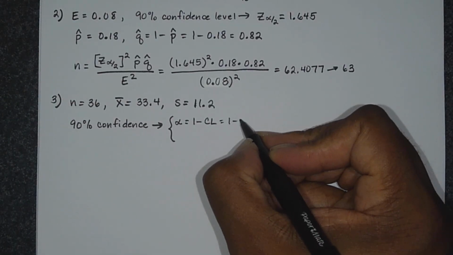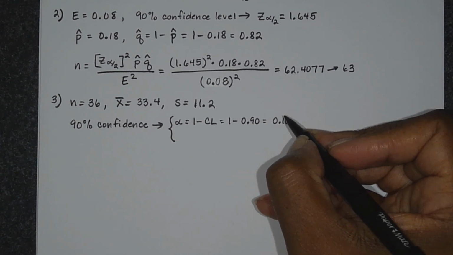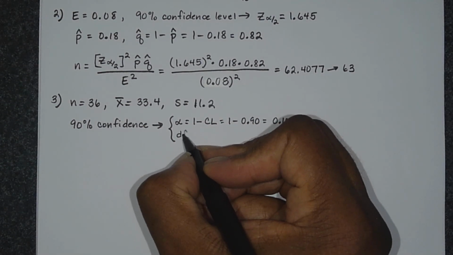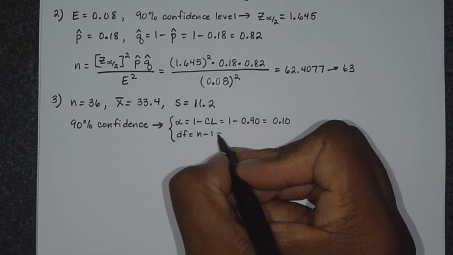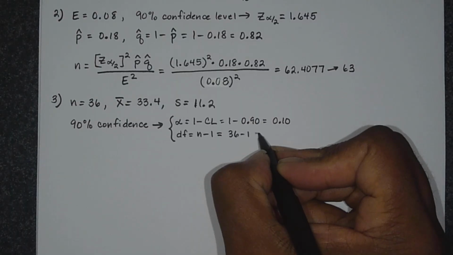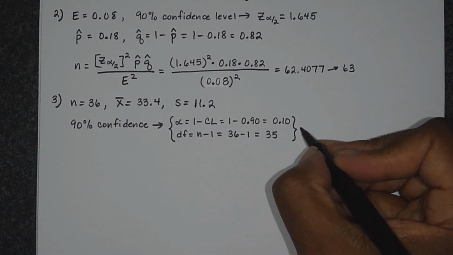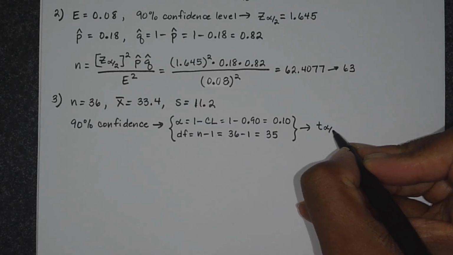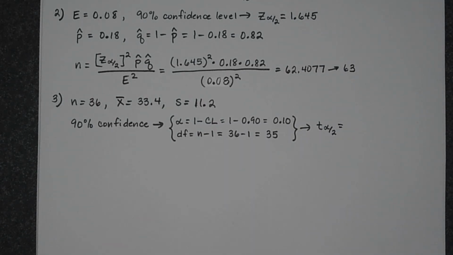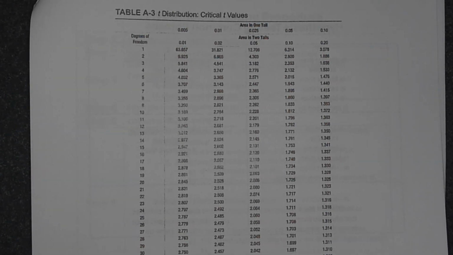So what's 1 minus 0.90? 0.1 or 0.10. Your degrees of freedom, which I call DF, is n minus 1. Sample size is 36, so what's 36 minus 1? 35. It's those two pieces of information that you're going to use to come up with your critical t value from table A-3, which will be provided on your help sheet.